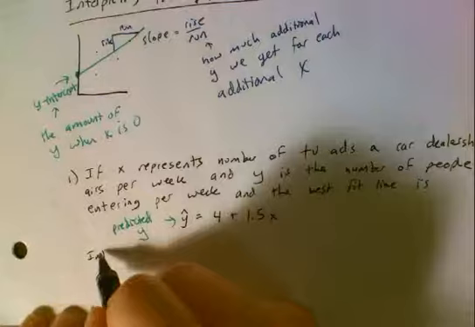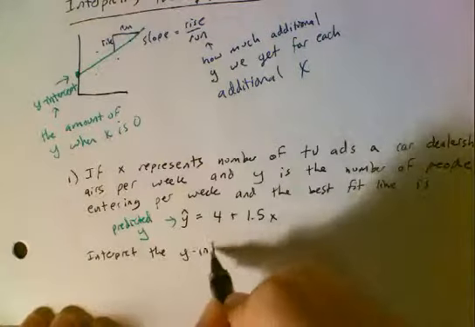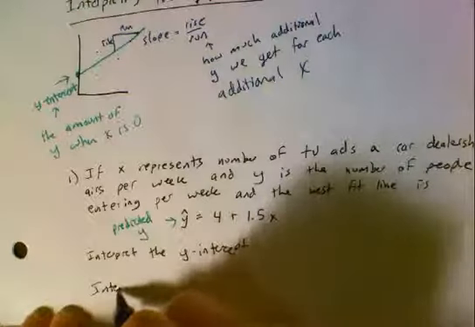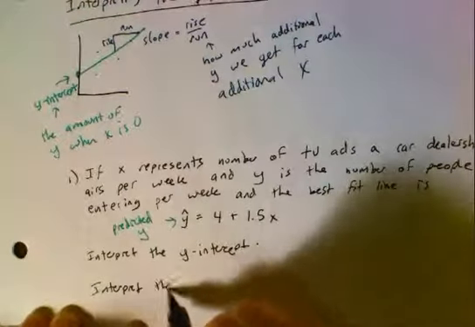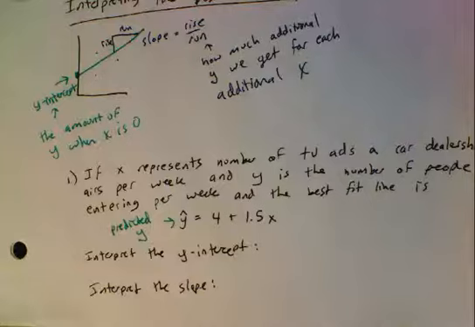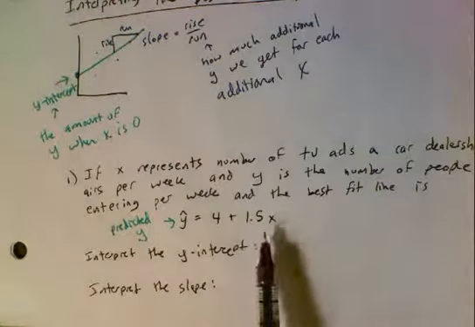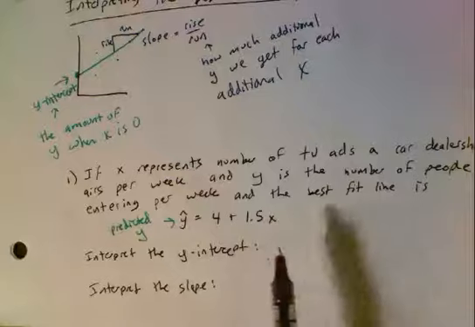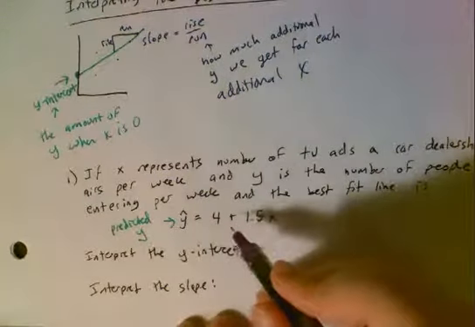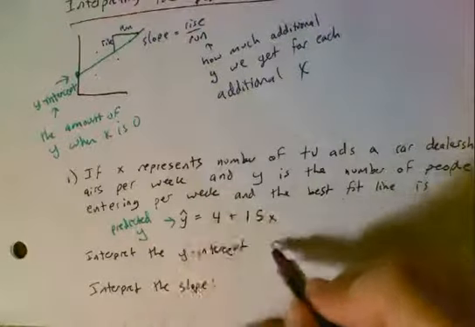Interpret the y-intercept, interpret the slope. It's a convention that oftentimes these lines get written with the y-intercept first and then the x term afterward. Same thing if you go the other way, but we'll just follow convention here. So the y-intercept means when x is 0, what's y?